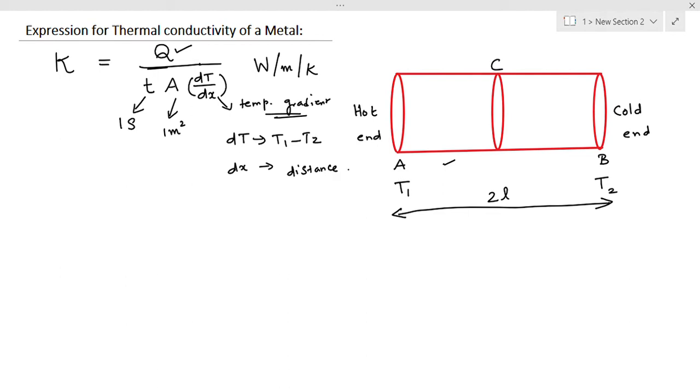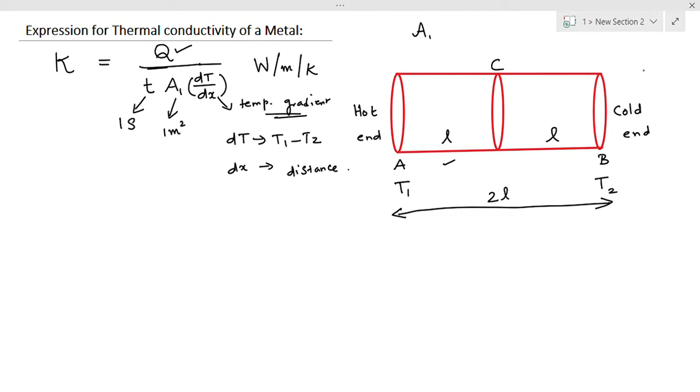Let C be the center of the metal rod, and C is also maintained at a distance of L from both the ends A and B, equal distance from A and B. Let us consider the area of cross section of the material be A or A1. So I am maintaining here also A1.